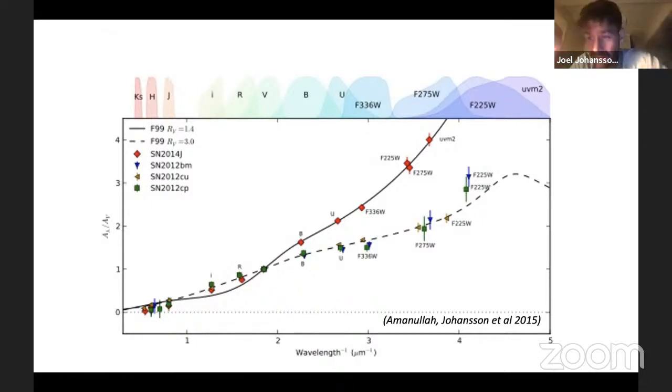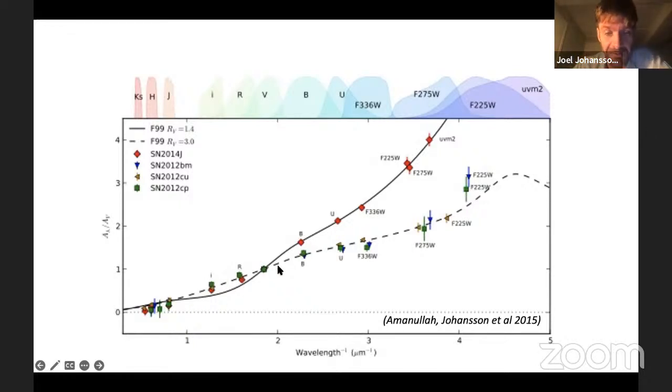So for stars in the Milky Way, this is normally done like you pick a pair of identical stars, but they have different colors. So therefore you can make out what the extinction as a function of wavelength would look like. The solid and dashed lines are parameterized functions that describe what the extinction should be as a function of wavelength.